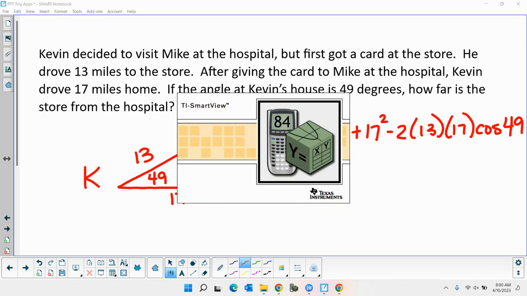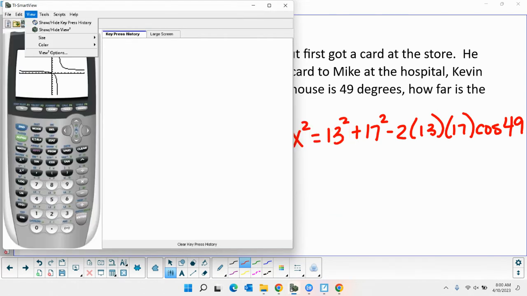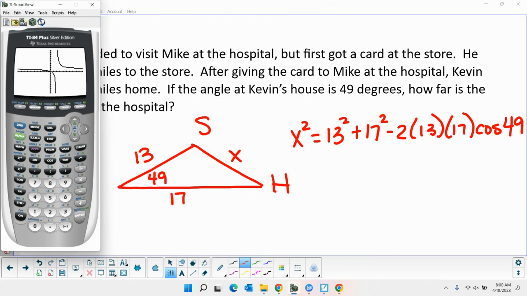Again, make sure you're in degree mode. It should be, because that's all you've been doing here lately. I'm checking now to make sure. Okay. All right, so I just put that all in here. 13 squared plus 17 squared minus 2 times 13 times 17 cosine 49.